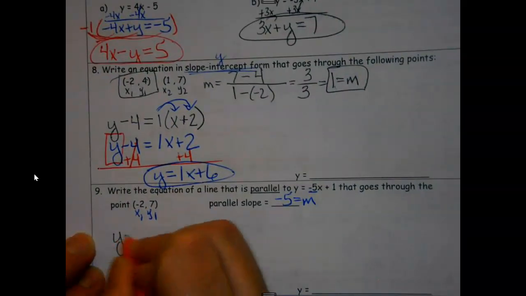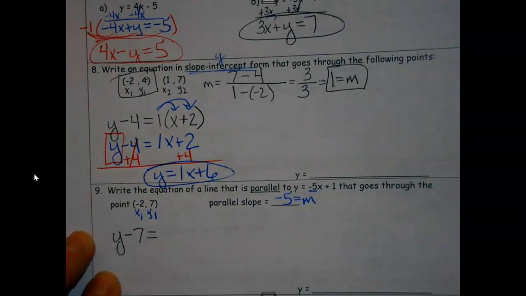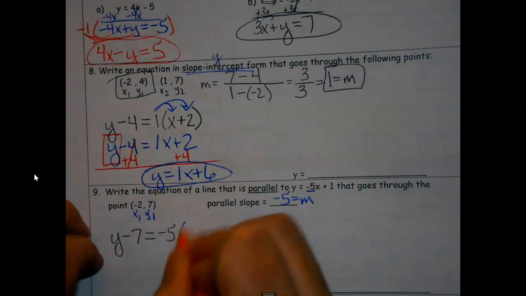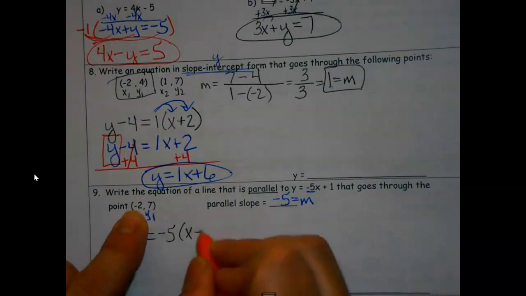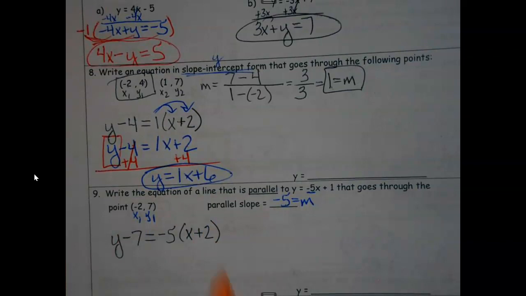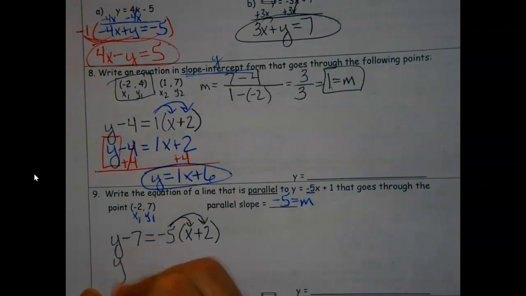So I'm going to do y minus y1. We use point slope a lot in this little area. Equals my slope, -5, times x minus x1. x1 is negative once again, so we change the sign. And even if you forgot and left that as minus and did everything else right, you're going to get points. I can't stress enough, show me as much as you can.